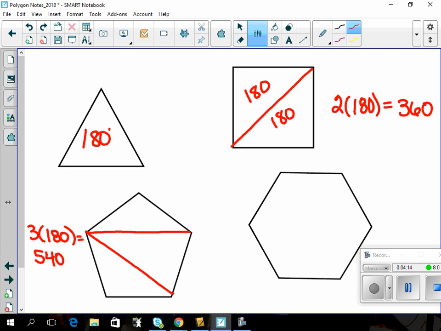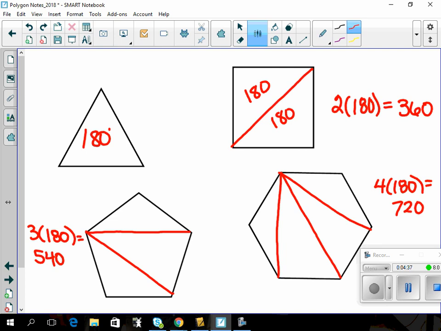Good. All right, I agree. Looking at a hexagon. If I take one vertex and I draw all the triangles in, how many triangles do I have? I have 4 triangles, each at 180. What's 4 times 180? 720. So the sum of the interior angles in a hexagon is 720.